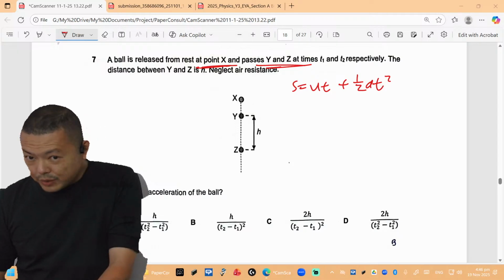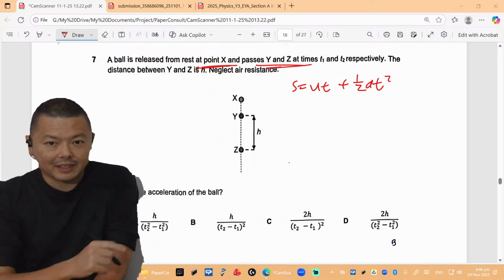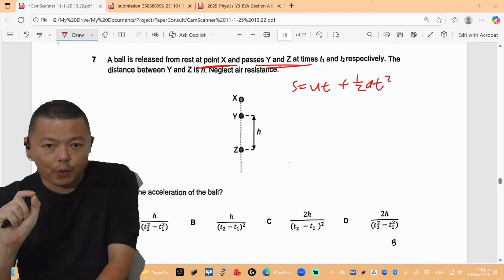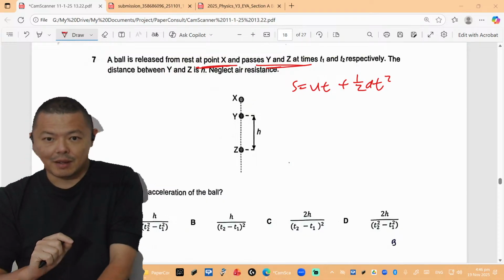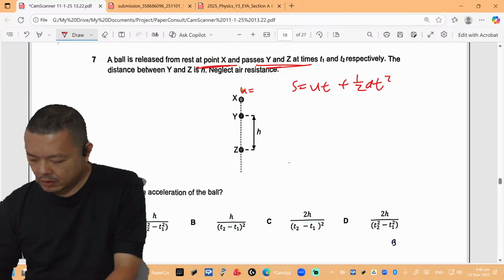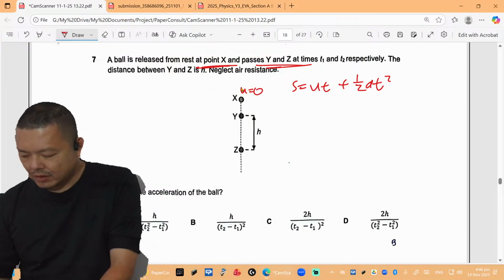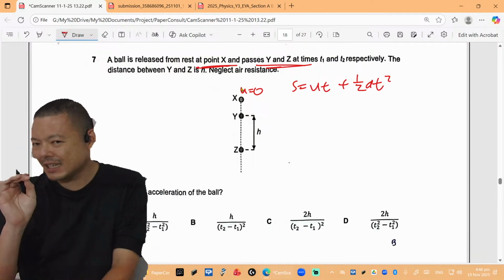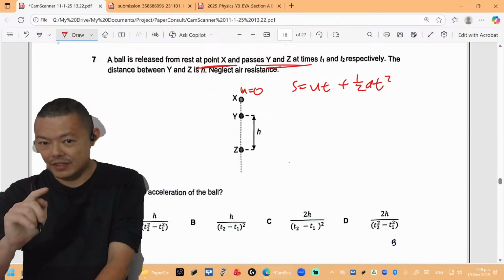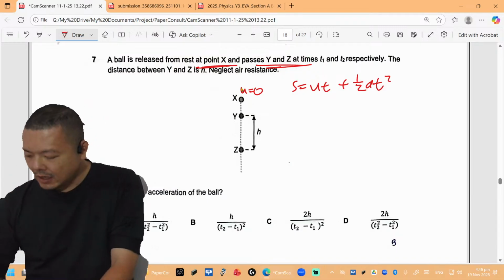So the trick to doing this question using that equation is to always use the reference point from the start. Because at the start, at x, what is u? 0. So if you use that, it becomes a little bit easier. I have two distances to consider, starting from x.